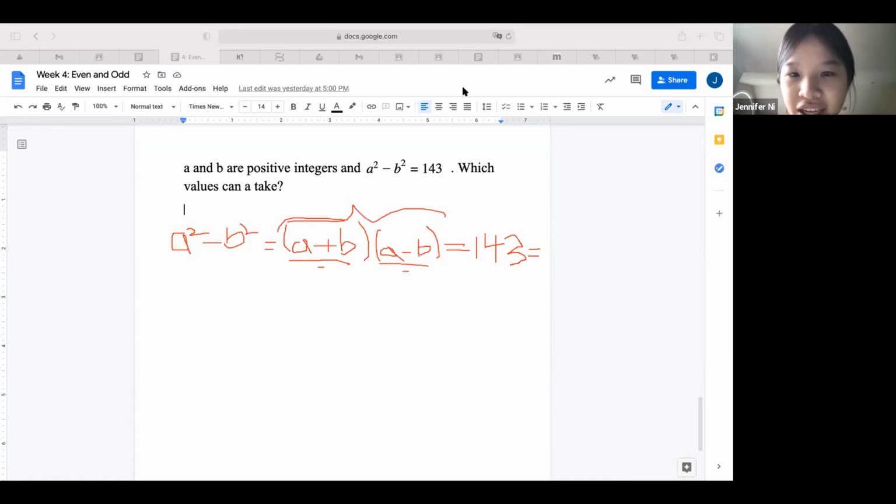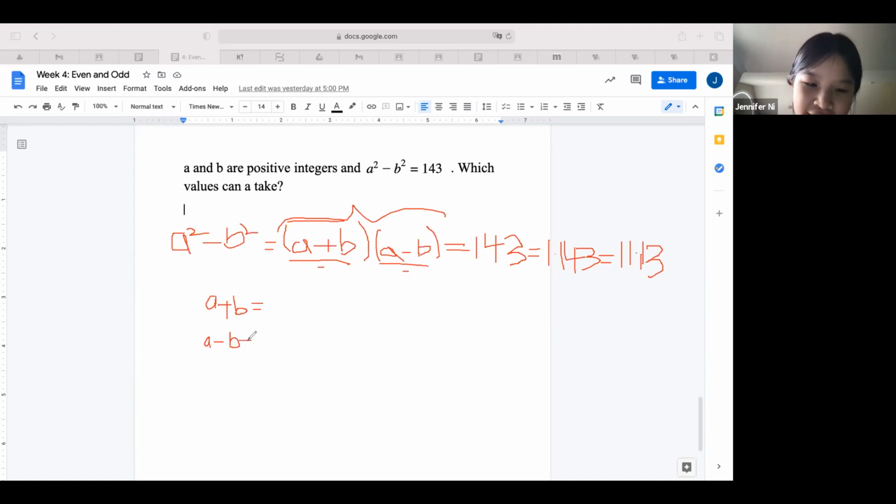And then if you try out 143, you could see that it's either 1 times 143 or 11 times 13. And since b is positive, a plus b will be the larger factor. And as you can see, there are two cases.